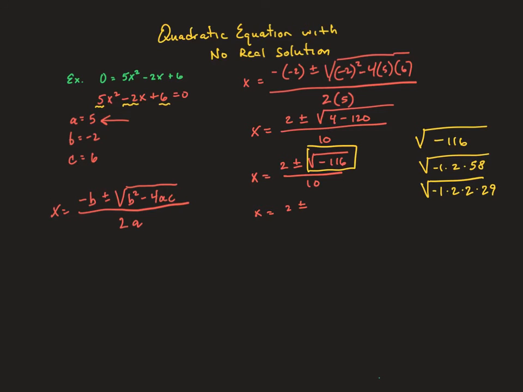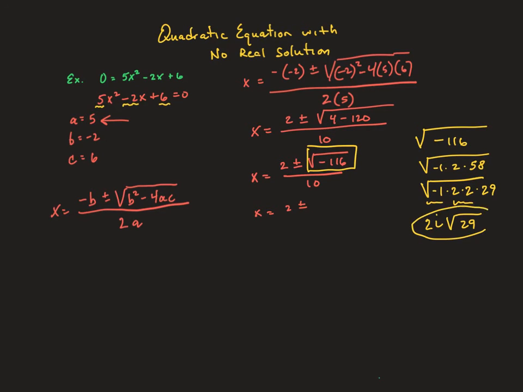But I know that the square root of -1 is i. I know that the square root of 2 times 2 is going to be 2, and that leaves behind in the radical a 29.